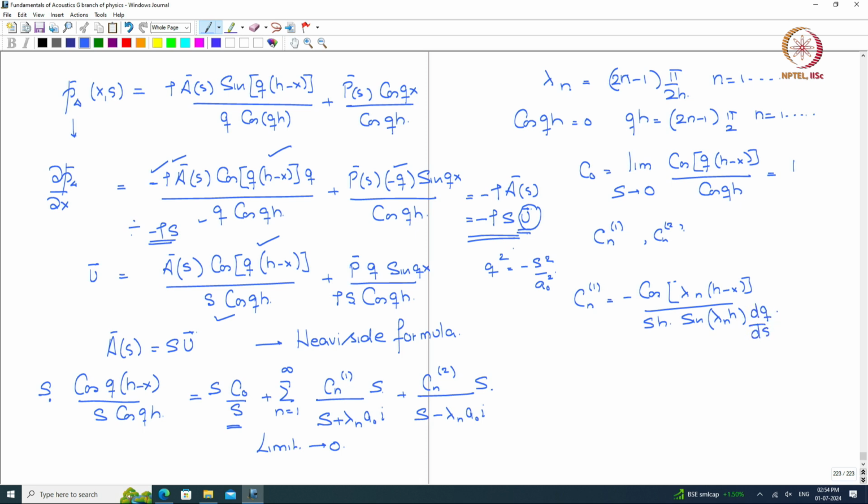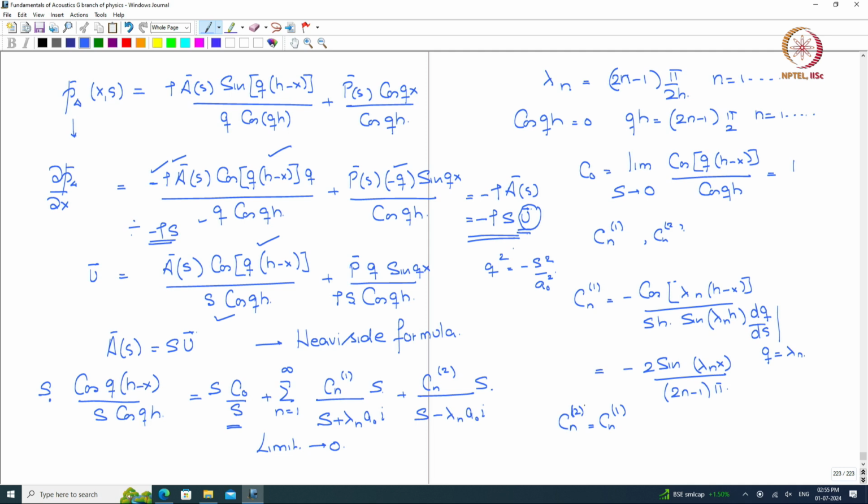This is part of the Heaviside formula. At Q equal to lambda n, which turns out to be equal to minus 2 sin lambda n x by 2n minus 1 into pi, and Cn2 is equal to Cn1. Okay, I am just giving you that there is another possibility.